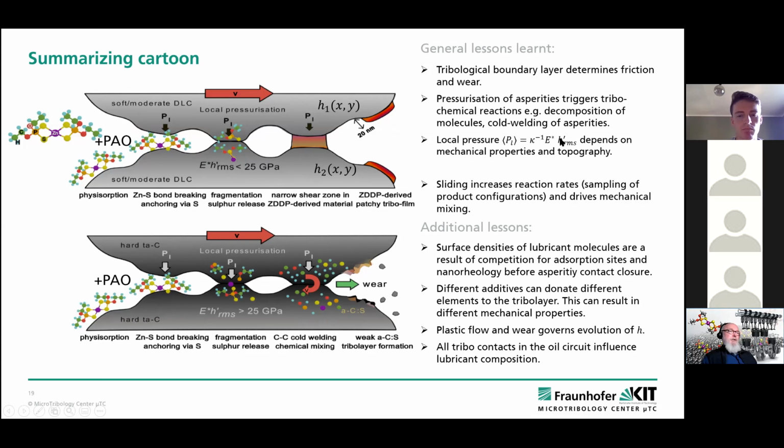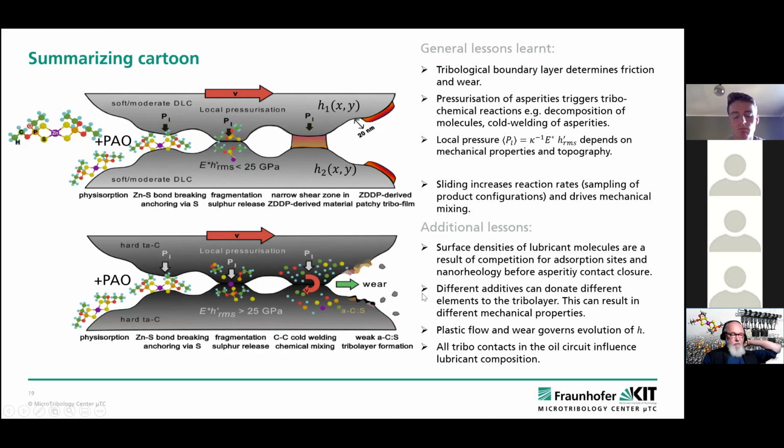These local pressures depend on the topography and on the mechanical properties. And the sliding is important because it increases the reaction rates in the tribo contacts, and also drives the mechanical mixing of the sulfur or any elements into the system. And there are additional lessons learned.